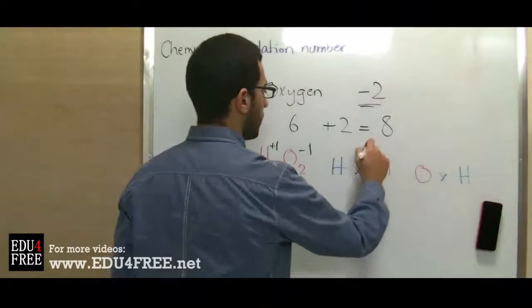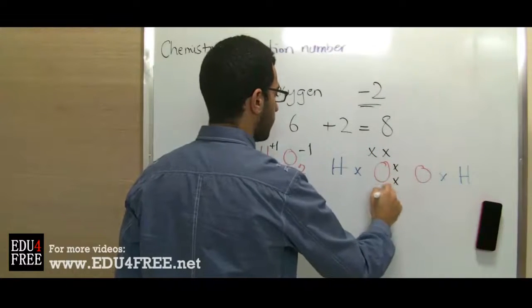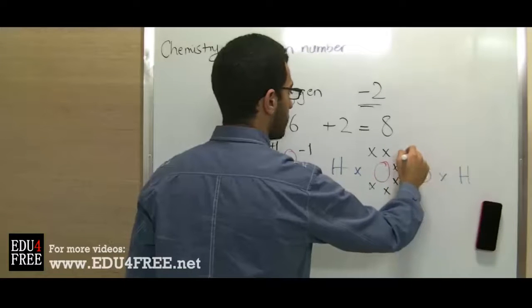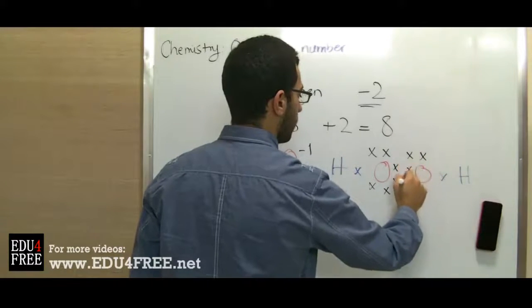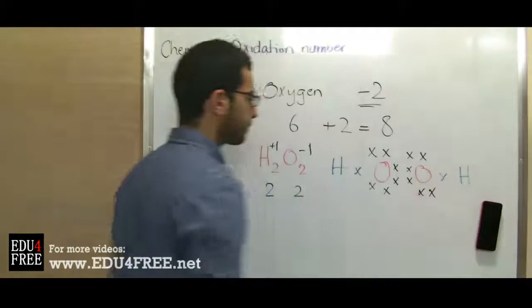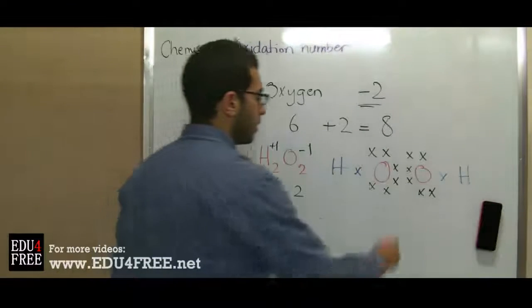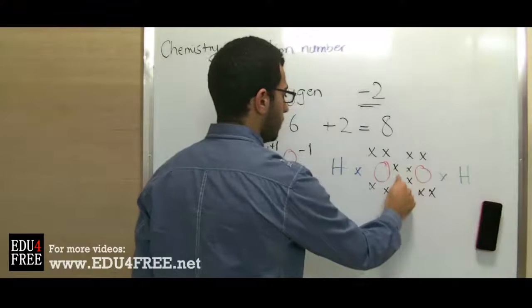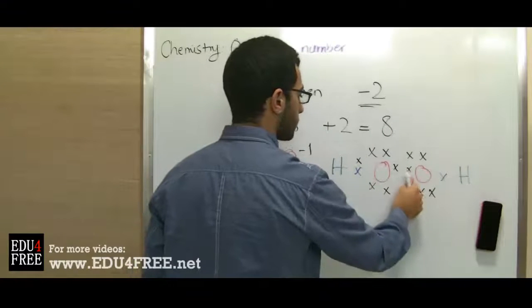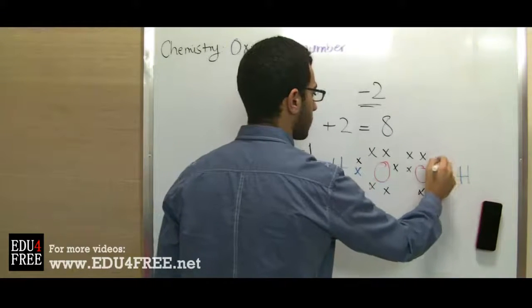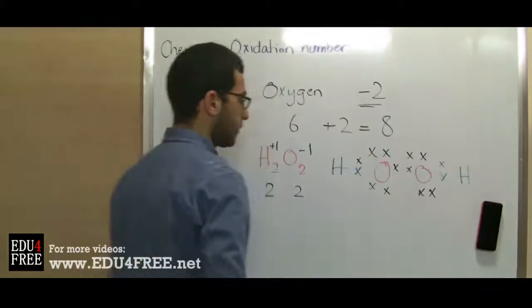So we have 1, 2, 3, 4, 5, 6, and 1, 2, 3, 4, 5, 6. So the oxygen atoms share electrons.